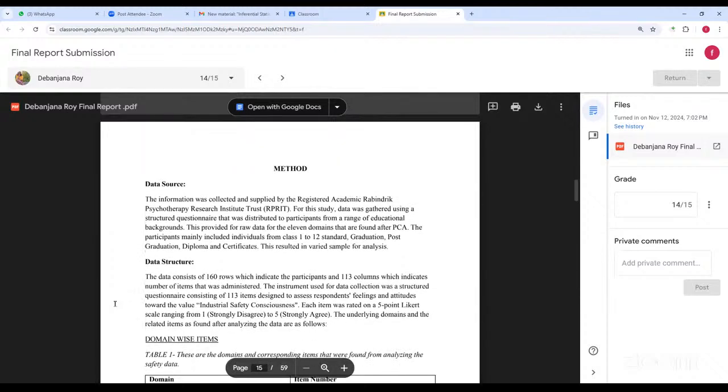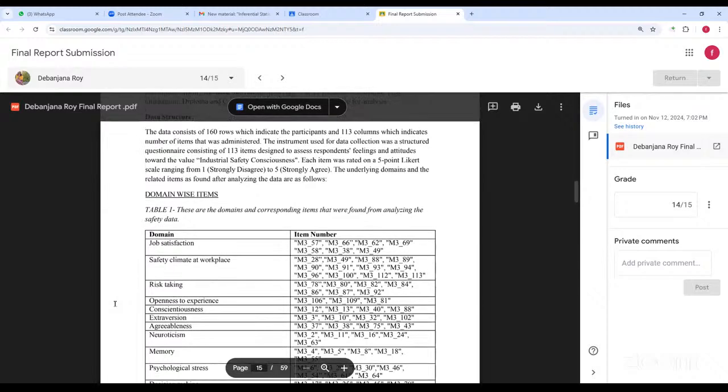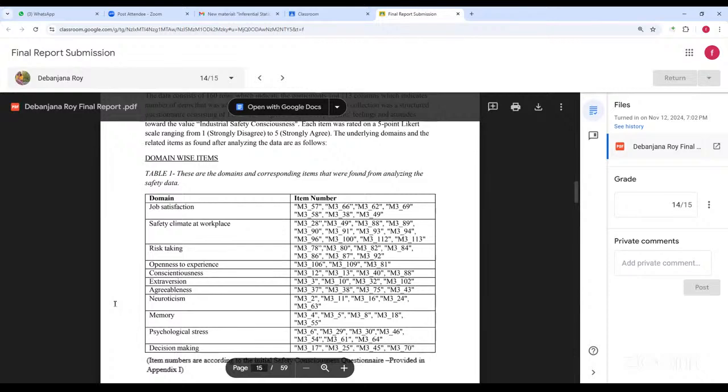Next will be the method. So what is written here, you can write down there. Data source, even the data structure, what is written here, you can write down. Domain-wise items that you can write down.